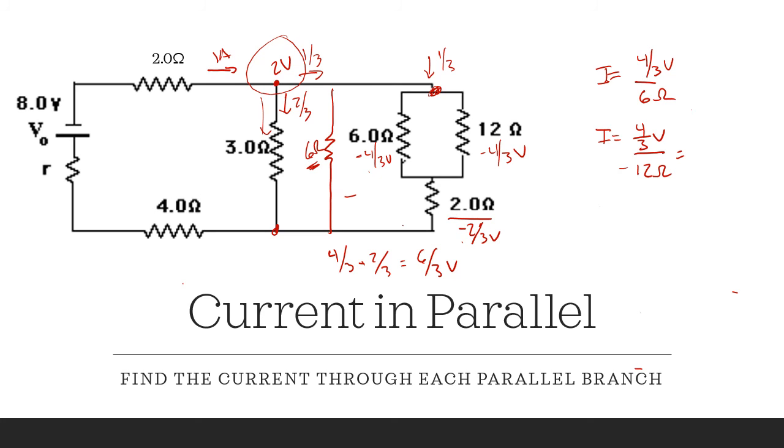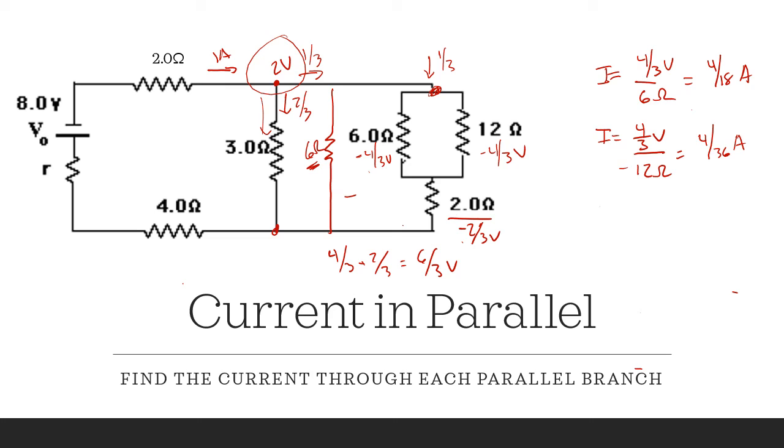Okay, so I equals 4/3 divided by 6, and I equals 4/3 of a volt divided by 12 ohms. Okay, so 4/3 divided by 6 is 4/18 amps, and 4/3 over 12 is 4/36 amps, and that would be 12.